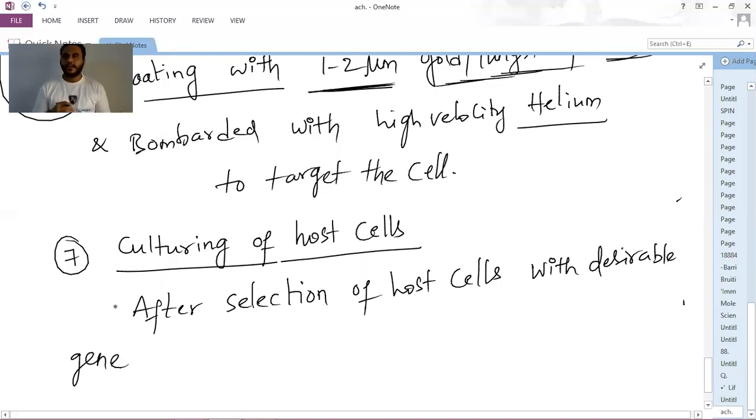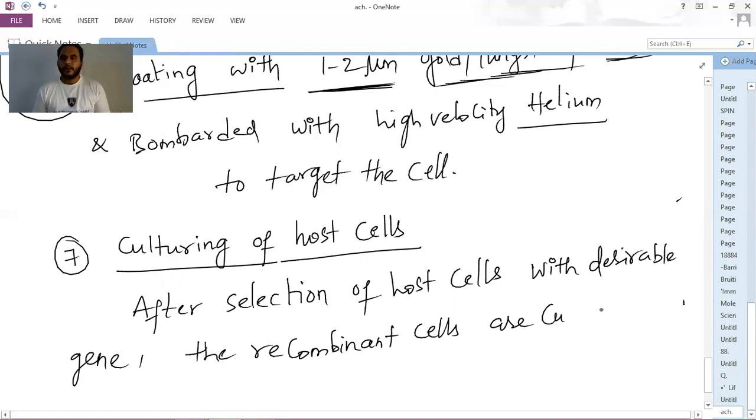After selecting the host cells with the desirable gene, the recombinant cells are cultured on a suitable medium.